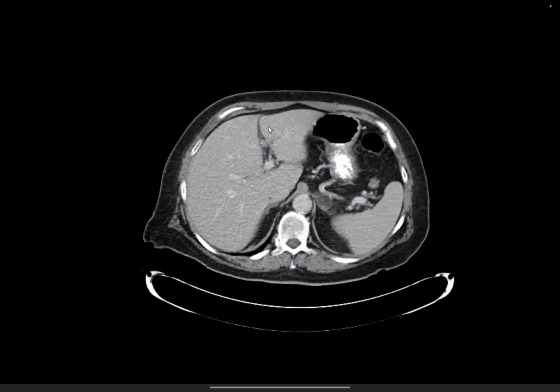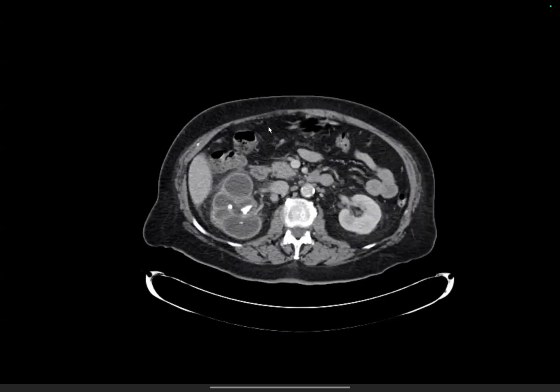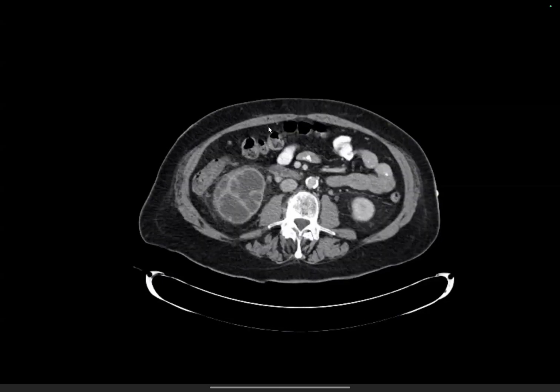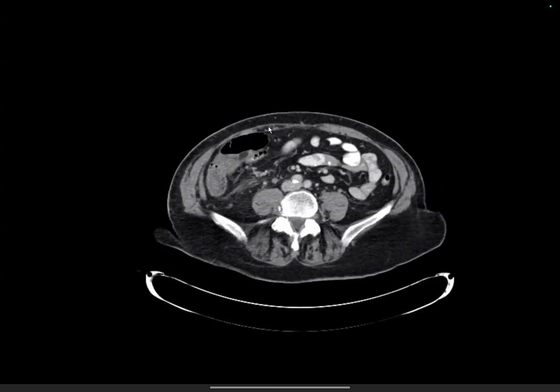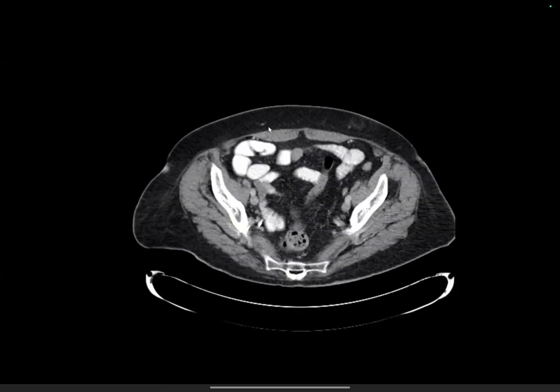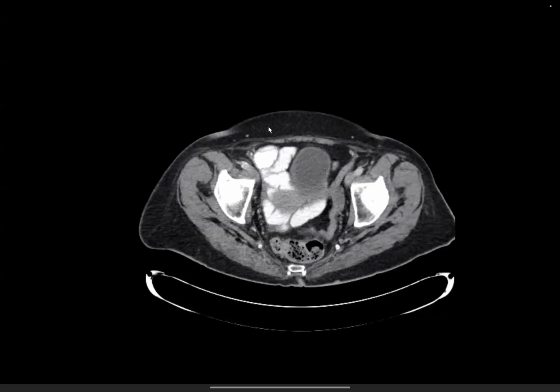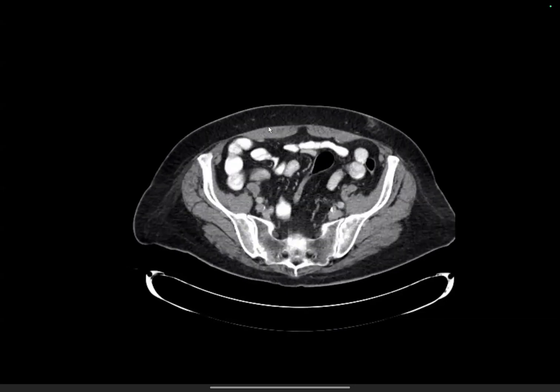you can keep talking if you see some things, and then we can synthesize it. So that's the axial all the way down to the pelvis. I'll go back up one more time.